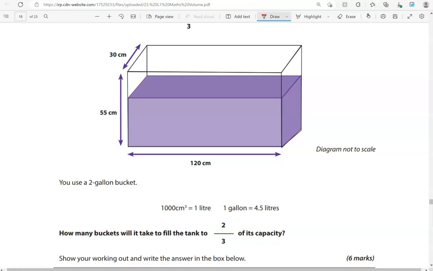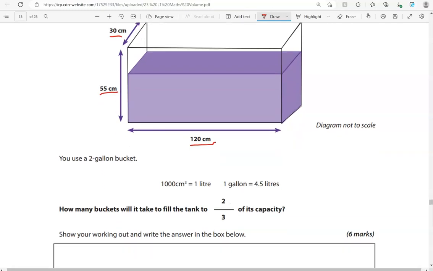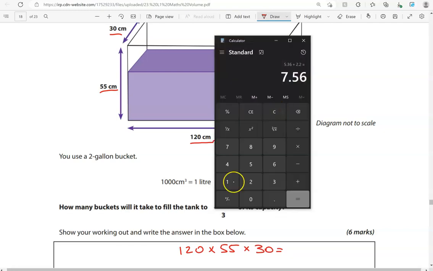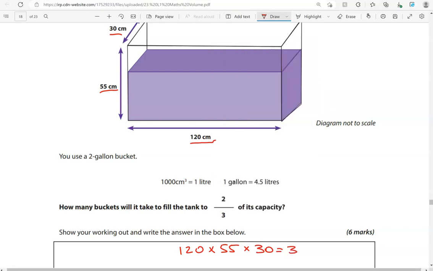Let's work out the full capacity first. So we've got 120 centimeters, 55 centimeters and 30. So we're going to multiply them. 120 times 55 times 30 gives us 33,000.